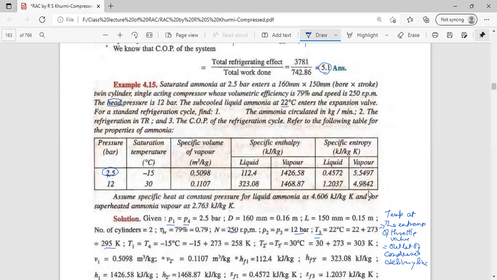It is the lower temperature of the system, the isothermal temperature at which isothermal evaporation is being done, given as T1 equals T2. T1 is given as minus 15 degrees centigrade, which is the saturation temperature at 2.25 bar.